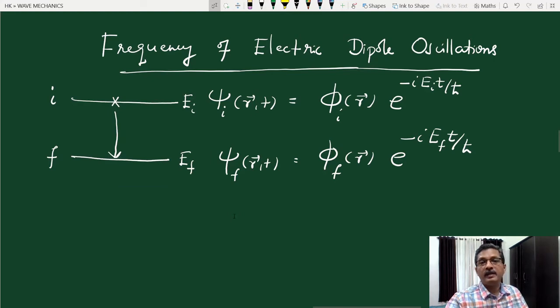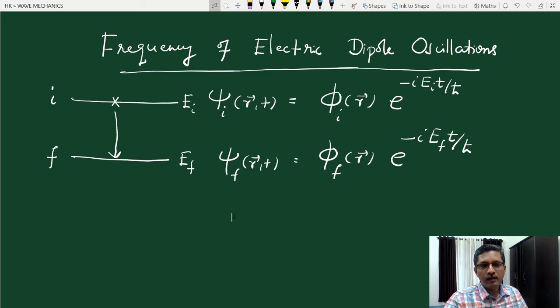We know that when the electron is in any one of these states, either initial state or final state, there is no radiation. These are stationary, non-radiating states. Then when do we get the radiation? During the transition of the electron from the initial state to the final state.